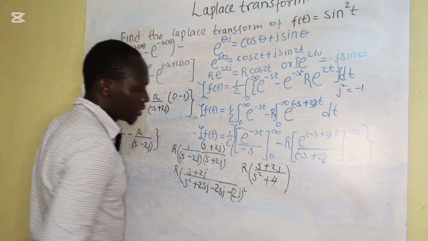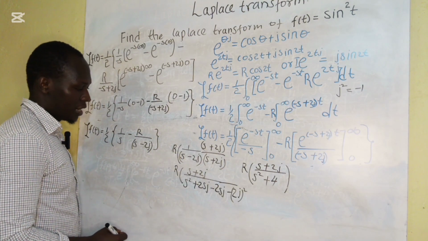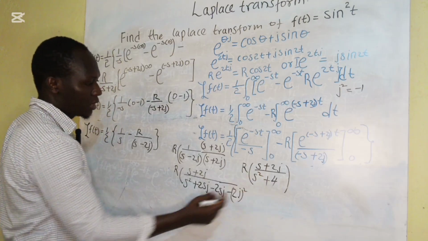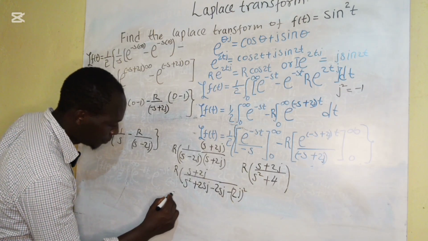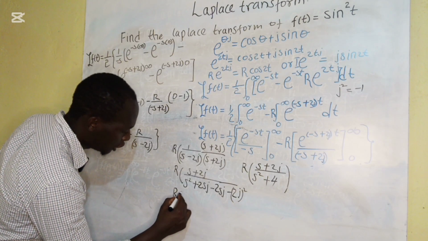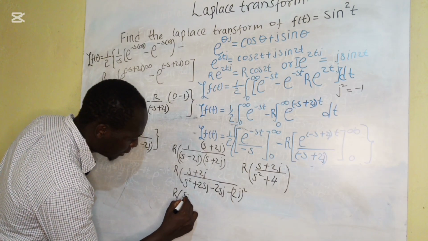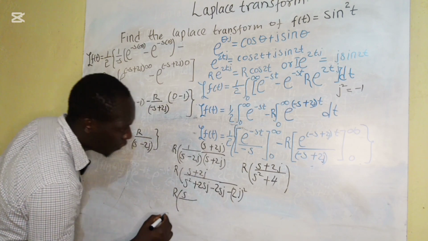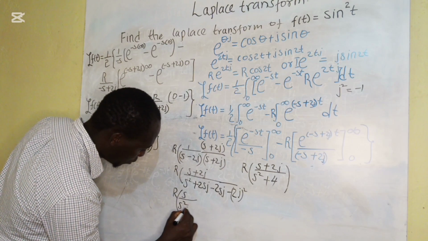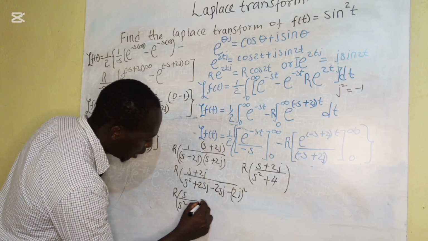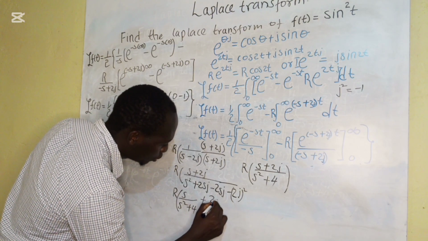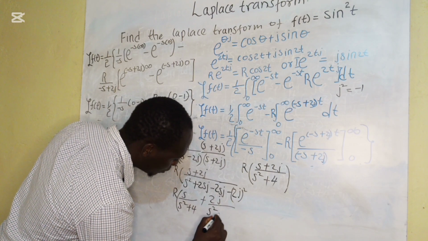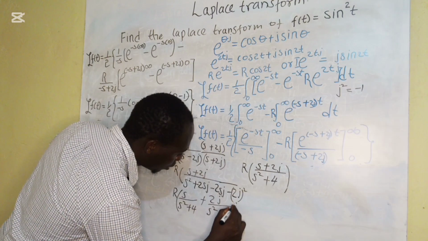Let us now separate the real function and the imaginary function. By separation of the real function and the imaginary function, at this point we are going to have r into s, we add, all over s squared, we add 4. We come and add 2j all over s squared, we add 4.